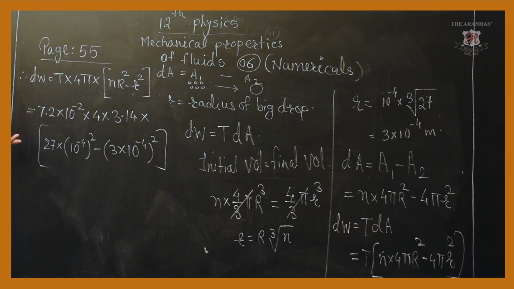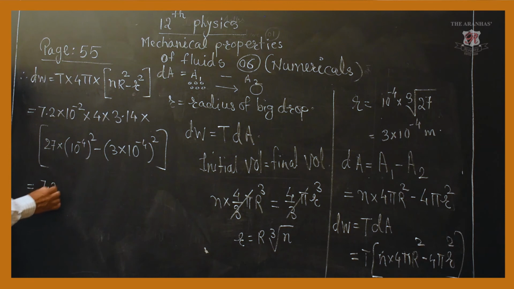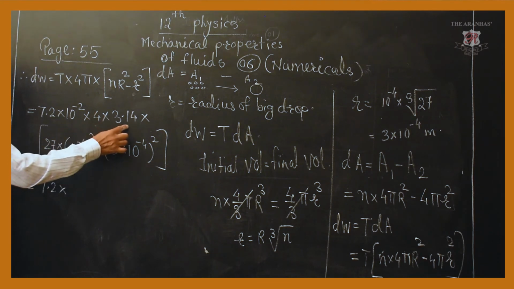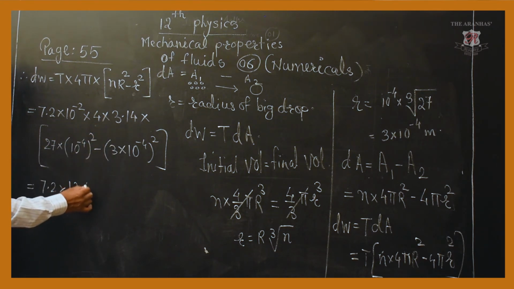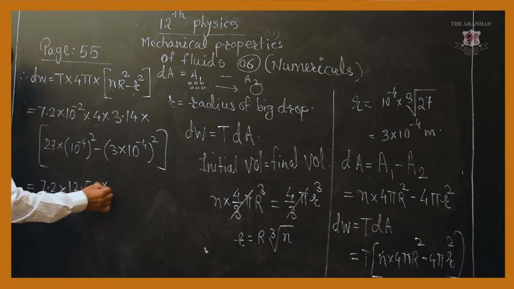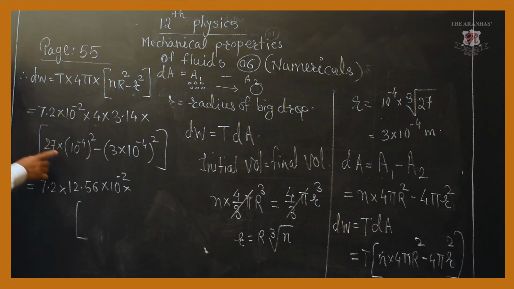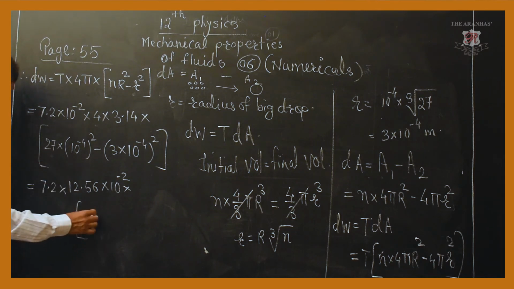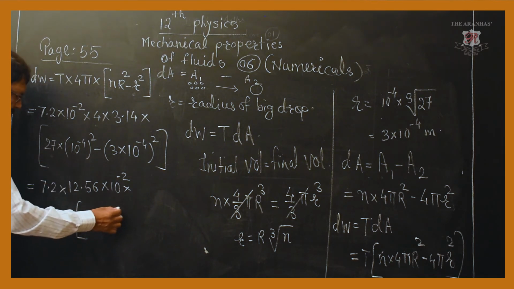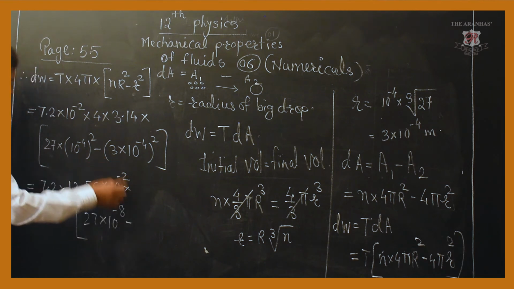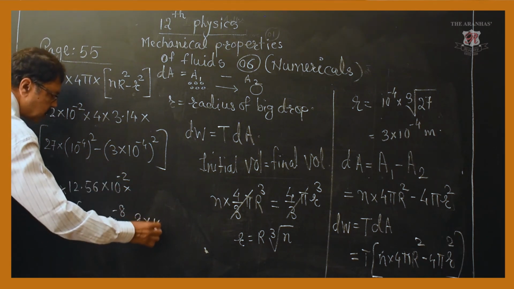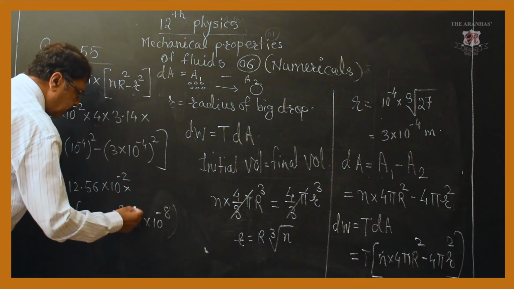Appears to be a complicated calculation, but it is not. Now I am merging this. This is 7.2 into 12.56 into 10 raised to minus 2 into, what is in the bracket? 27 into 10 raised to minus 8 minus 9 into 10 raised to minus 8.